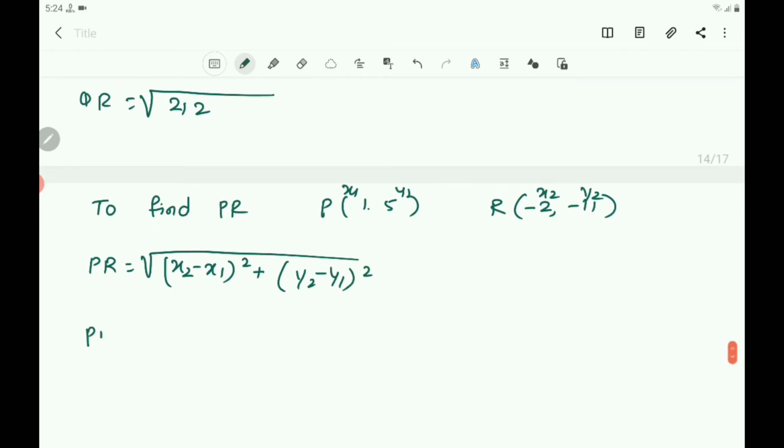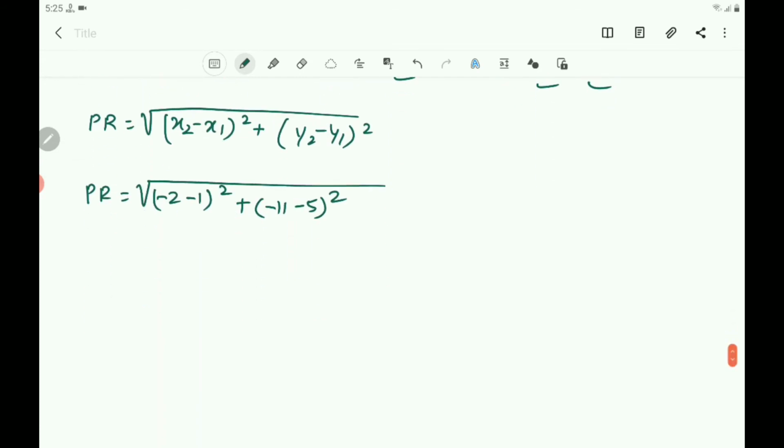Then PR equals whole root, x2 is minus 2 minus 1 whole square plus y2 minus 11, y1 is 5, minus 11 minus 5 whole square.